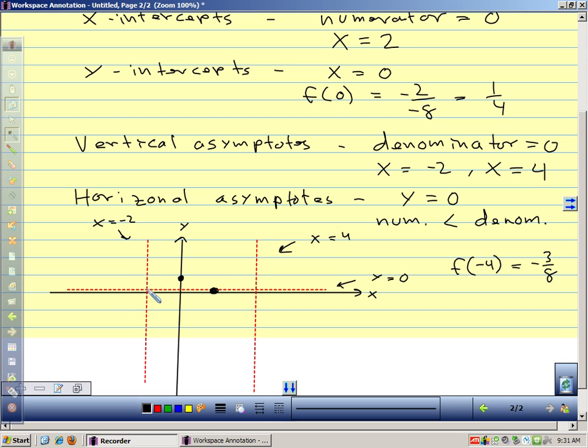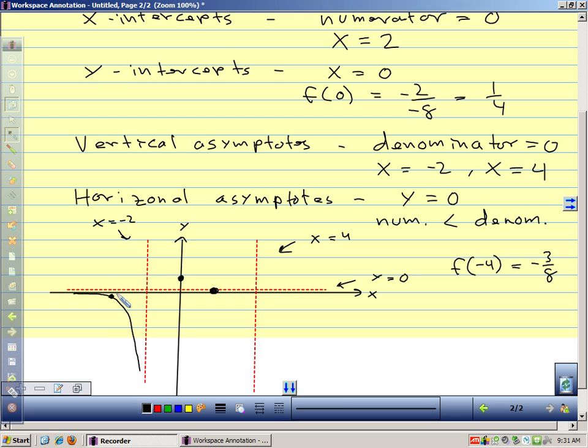So over here at x equals -4, I have a point down here at -3/8. So we know that our function is negative here. So that tells us that it's going to go towards the asymptote here, and it's going to go down this way on this side. So that's where our function is going to be, on this side of the asymptote.